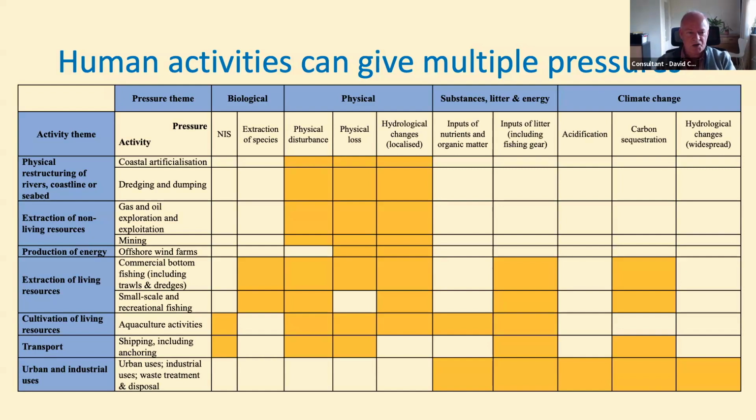So it's quite common for physical structuring of the coastline and in the offshore zone to lead to both physical loss and to physical disturbance and to have hydrological effects. So that's a sort of one-to-many relationship between the human activities and the types of pressure that they yield.